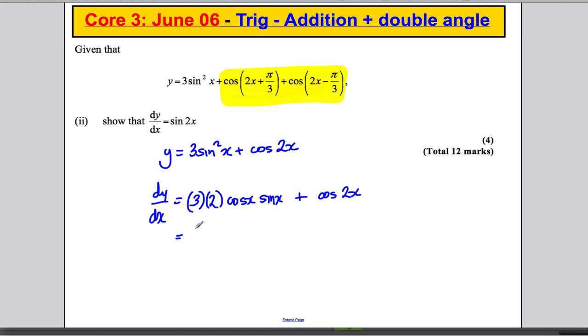Sorry, my apologies, I forgot to differentiate the cos 2x. The cos 2x differentiates to, differentiate the brackets, you get 2, differentiate the cos, you get negative sine, and keep 2x there. Okay, so this differentiates to 6.